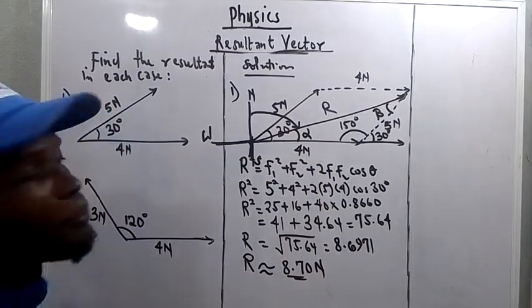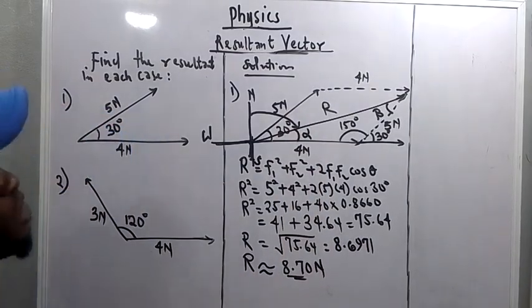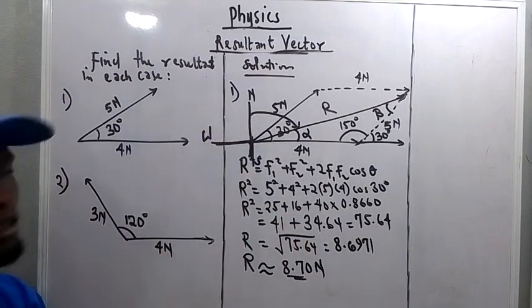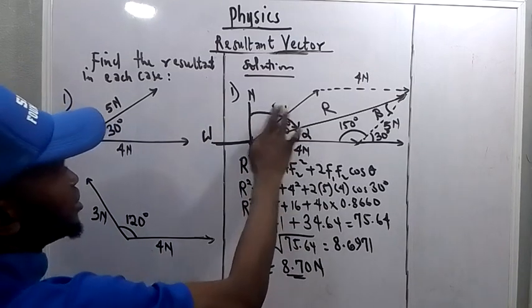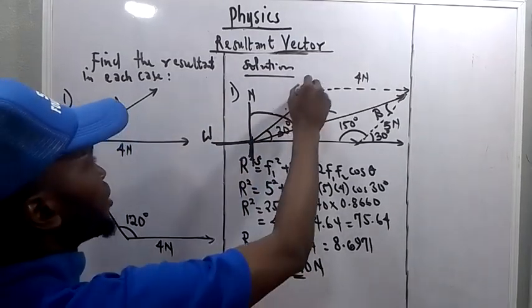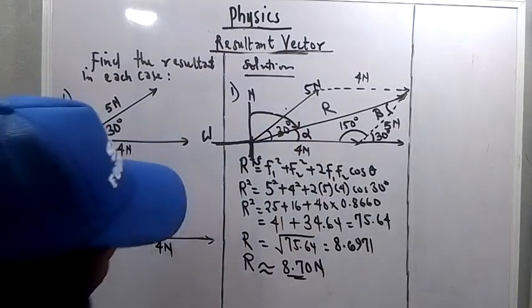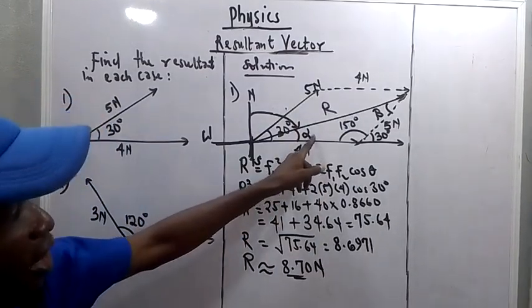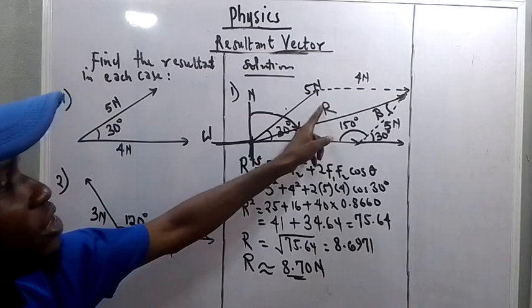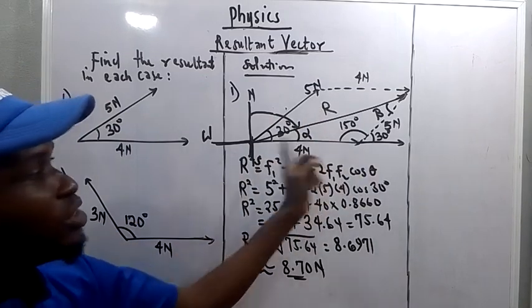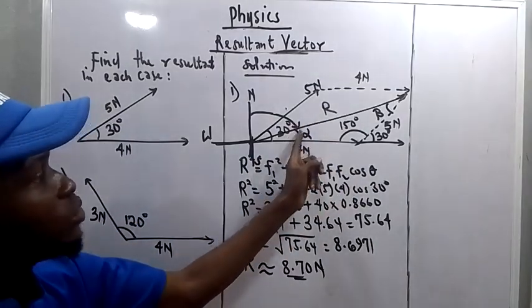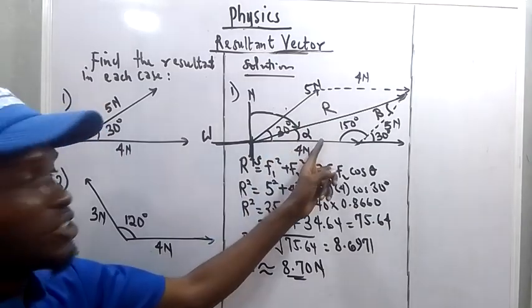That's if I'm using compass bearing. Even if I'm using true bearing, it will still be the same in this case. So we have 5 Newton here. Now this alpha is the direction of the resultant with respect to the 4 Newton force. That is the angle that the resultant makes with the 4 Newton force.